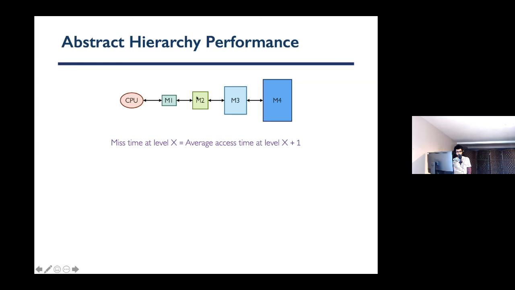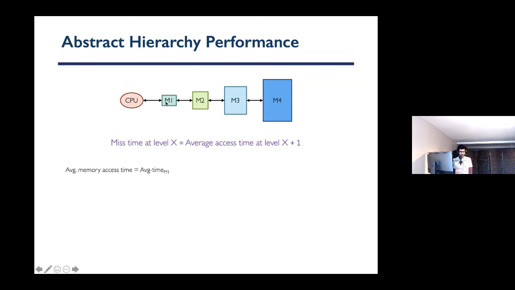Your miss time is going to M2 and coming back. So your miss time is basically the average access time at level X plus 1, right? So if I know the average access time here, I can calculate the miss time here, because miss time is basically going to M2 and coming back.